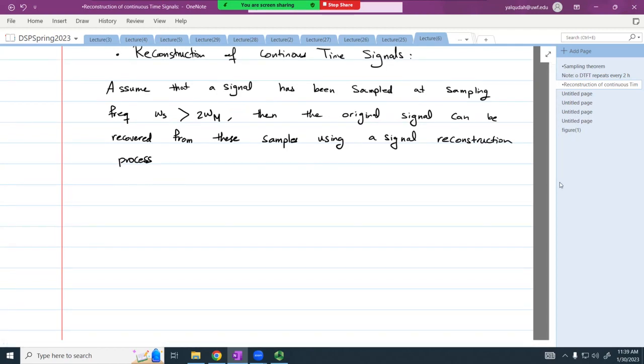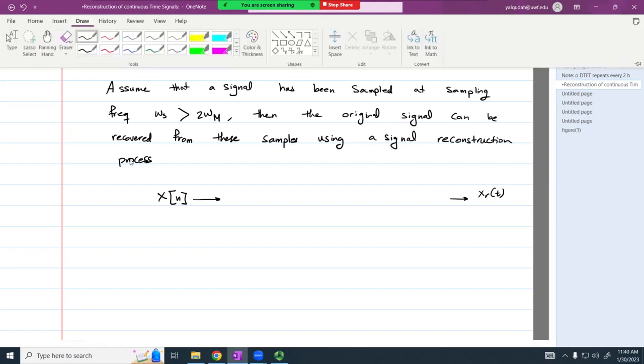Okay, so given that we have the samples of the signal, how do I recover back xr of t? Now these are the samples that we obtained. So what does that mean? This could be, for instance, an audio file that has the sample values.